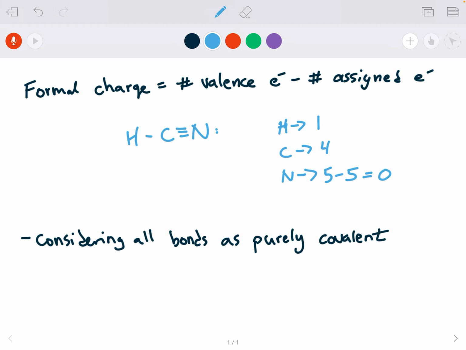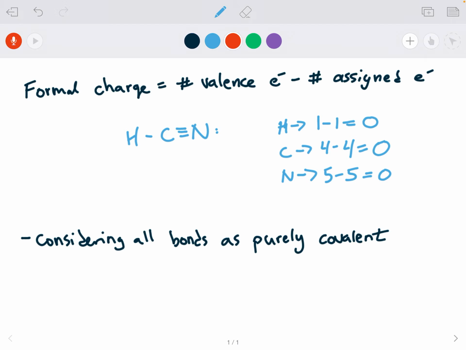And that gives you 0 for formal charge. For the carbon, it has 4 bonds, and it gets 1 electron from each of the 4 bonds to give 4 minus 4 and get 0 here. Then hydrogen has 1 bond, so it gets 1 electron from that bond and a formal charge of 0. So in this example, all of them have a formal charge of 0.